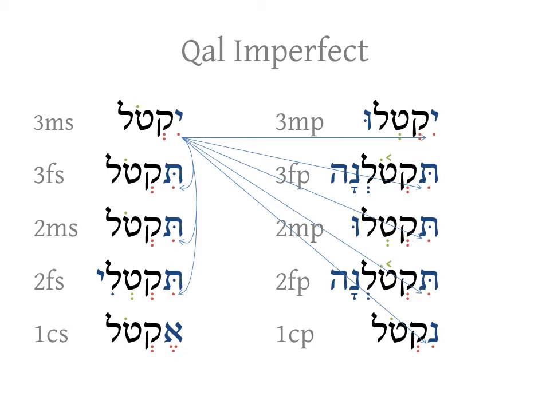Also notice the vowels. Most of the forms have a hirik under that preformative consonant, or that prefix, while the first person common singular has a segol, principally because its prefixed consonant is a guttural, an aleph, and gutturals will sometimes do strange things with regard to vowels, right?